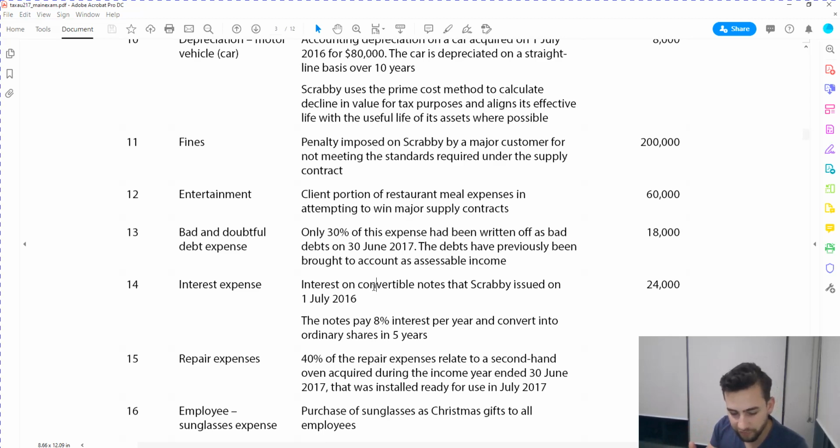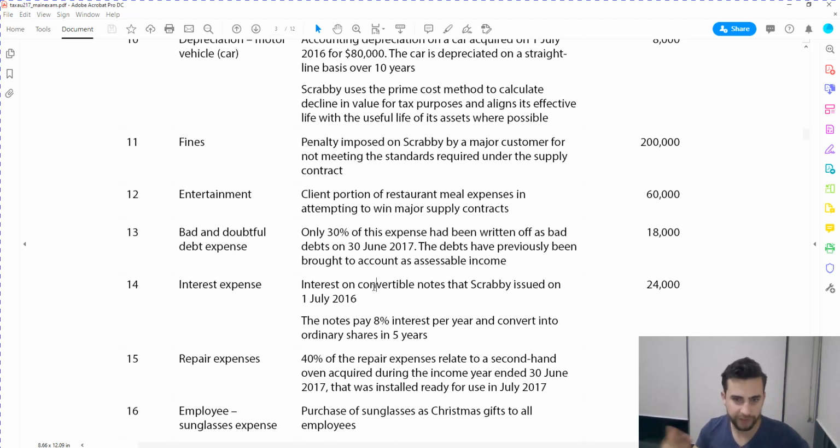You have to consider the substance, and if the substance is debt, then it's debt. But you could have a title, for example, like notes, which sounds like debt, but it actually converts into equity, and therefore under the Income Tax Act 1997, you have to treat it as equity, and you don't get an interest deduction.